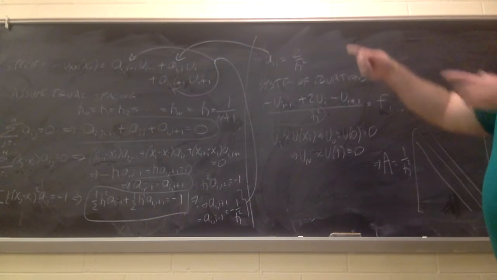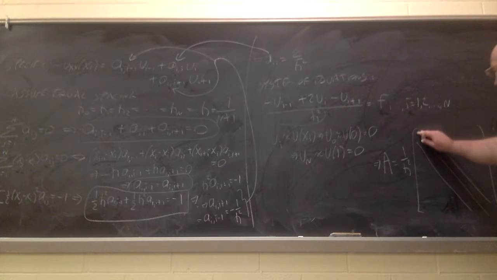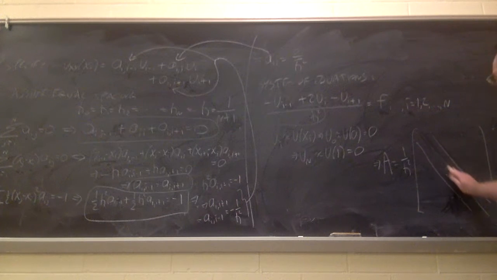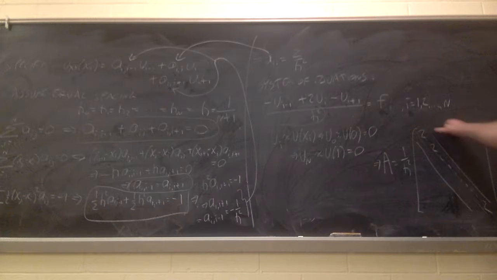But since we know what all those coefficients are, what values would go along here? Yes, 2 over h squared, well, I've already factored out the 1 over h squared. So yeah, we have 2's down the diagonal, and then what goes above and below? Negative. Yeah.